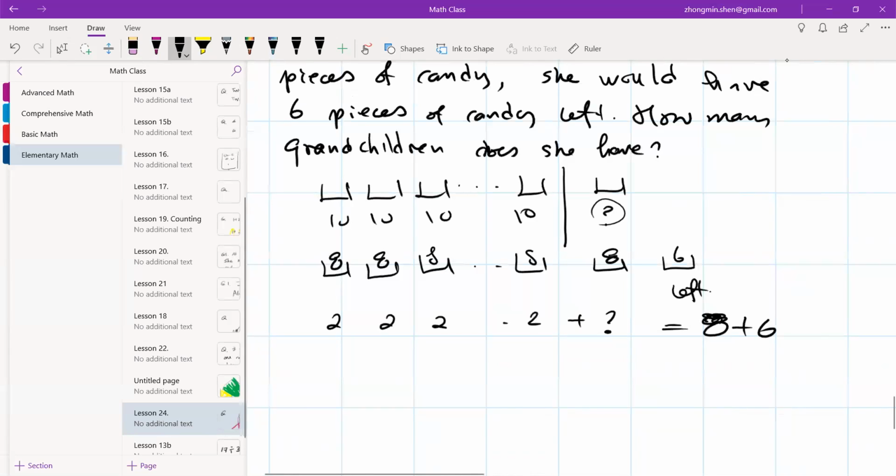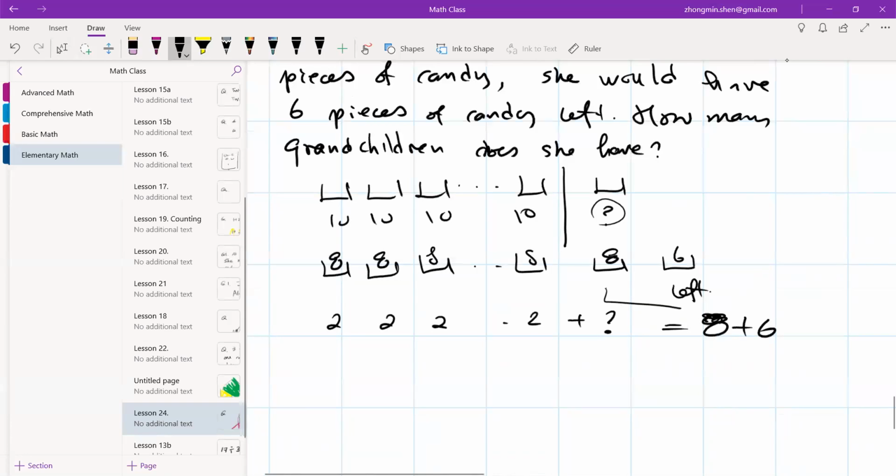Okay, the first way you distribute the candy is 10, 10, 10, 10. The last one you don't know, right? Then you change the way to distribute candies. So 8, 8, 8. Each time you have 2 left, right? But also have to add the last one, which you don't know how many, maybe 1, maybe 0, right? And add them together should be equal to those candies you have left after you distribute all the candies before the last one.